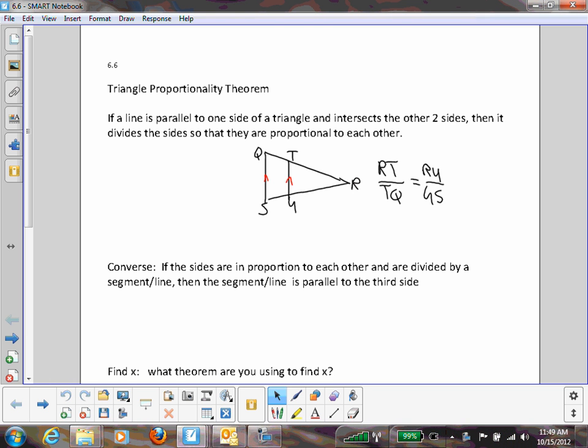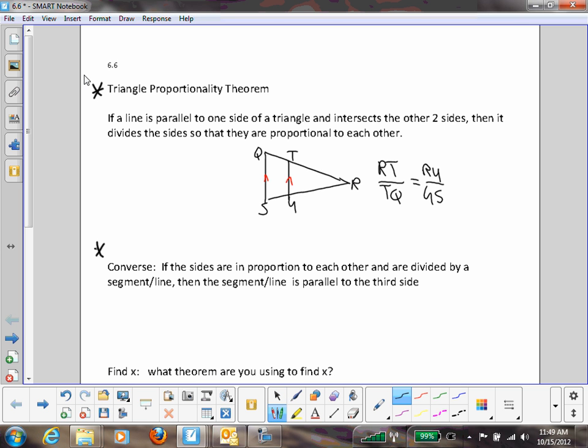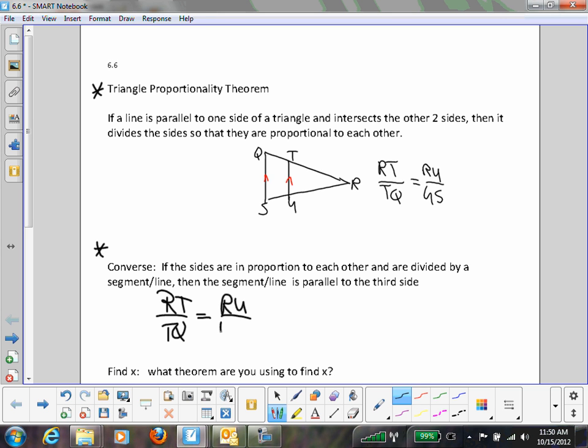All right. So the converse says, and you're going to want to have these on separate little note cards: if the sides are proportional, so given RT over TQ is equal to RU over US, then what we can say is that TU is parallel to QS.